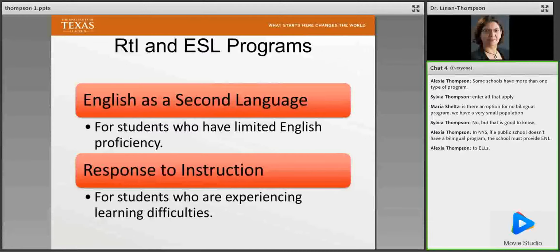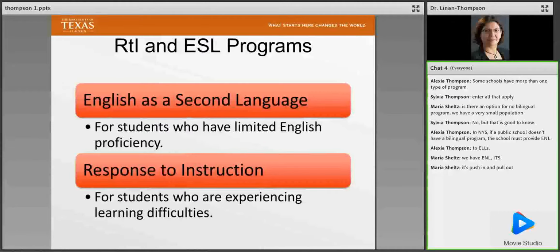And the response to instruction program is for students who are experiencing learning difficulties. Now, it's possible that a student who is an English language learner has difficulty with learning, but it's not all students.